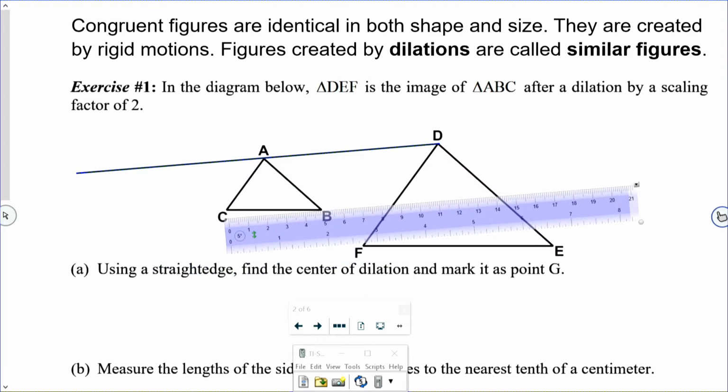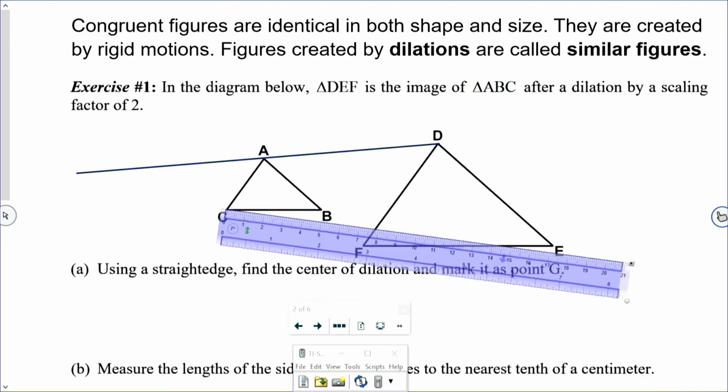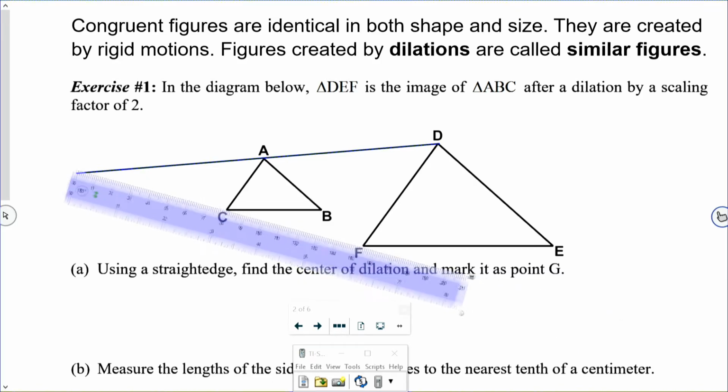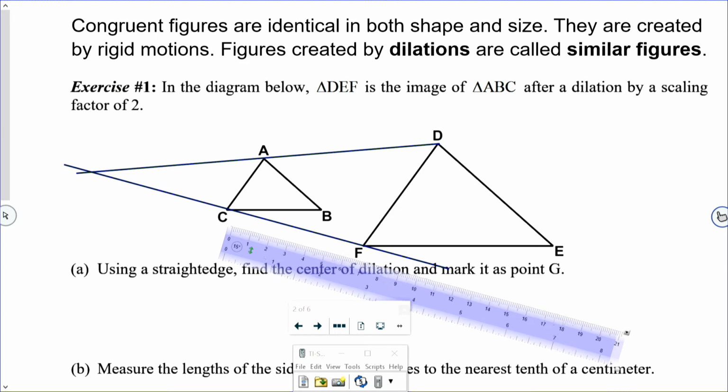I'm going to do the same thing for point C and point F. And since the center has to lie somewhere on both of those lines, the center must be right there. Oh, I want to mark it as point G, not point E.